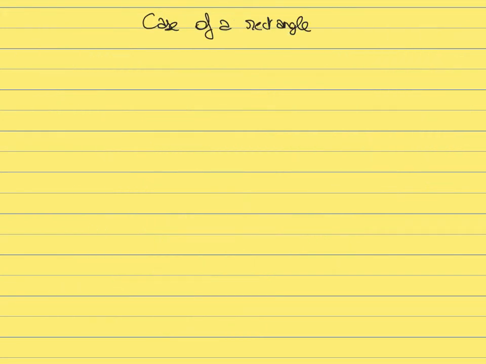So when it comes to calculating the moment of inertia for a given surface, you will rarely have to solve the value of this integral, for example the integral of y square over the surface.